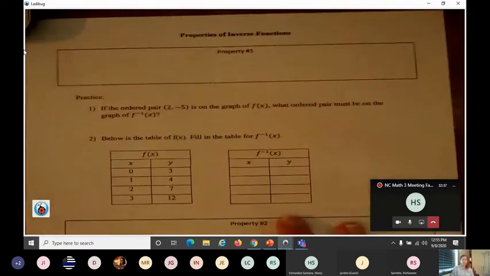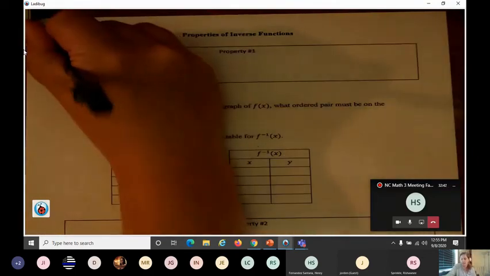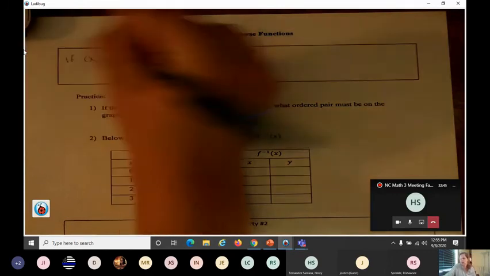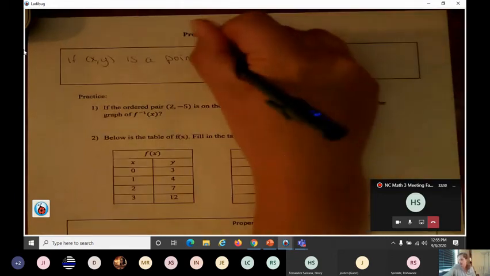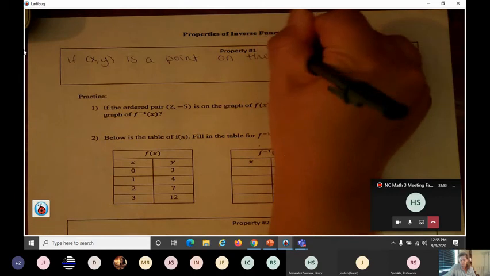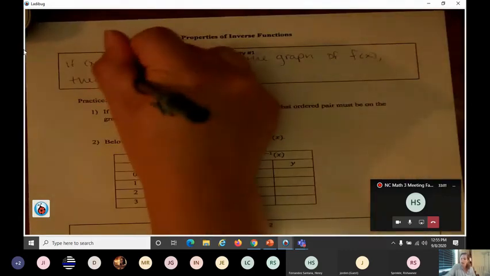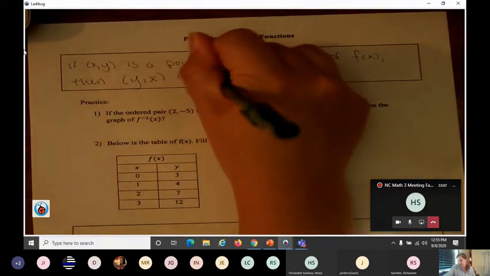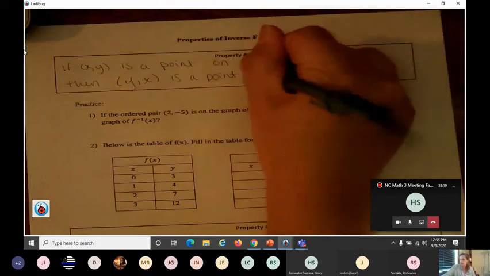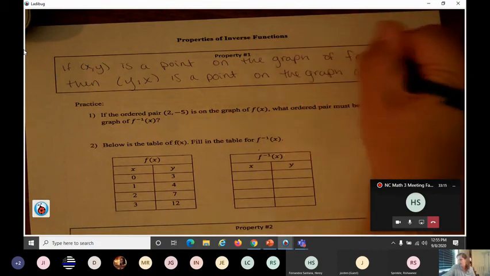So properties of inverse functions. The very first property is going to be if x comma y is a point on the graph of f of x, then y comma x is a point on the graph of f inverse of x.